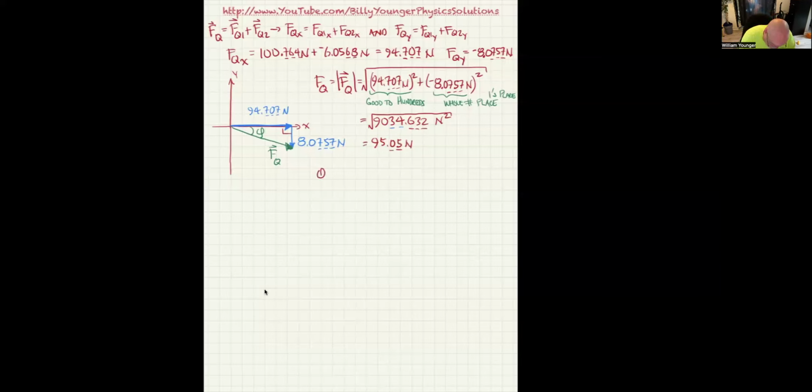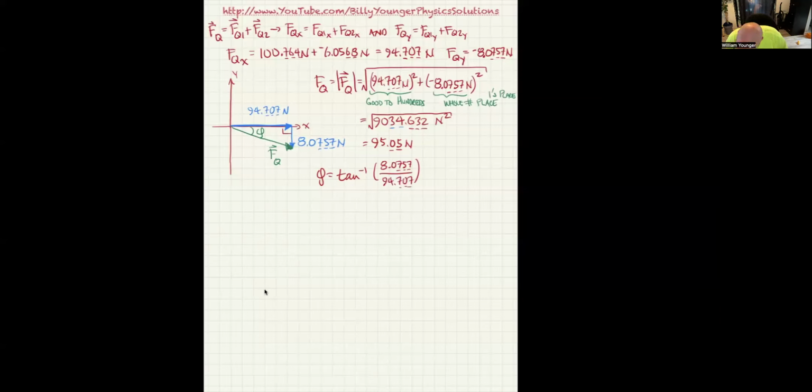Now phi is the inverse tangent. Remember, some old horse came a hopping through our alleys, our TOA, which means tangent equals opposite over adjacent. The opposite, of course, is 8.0757 over the adjacent, which is 94.707. So we have two sig figs divided by two sig figs, so I'm only going to get two sig figs.